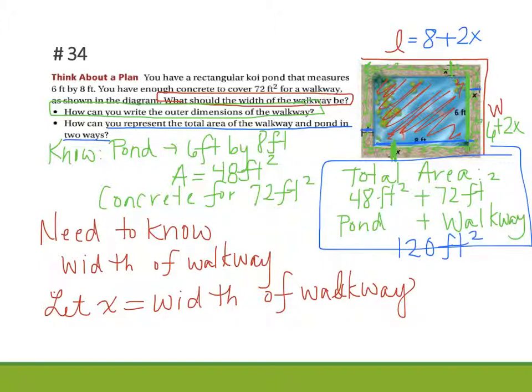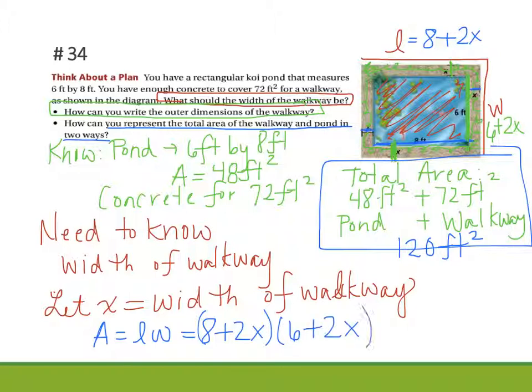But a second way I could represent the area would be length times width. So area is equal to length times width, and I just wrote the length as 8 plus 2x, and I wrote the width as 6 plus 2x. So that's a second way of representing the area.